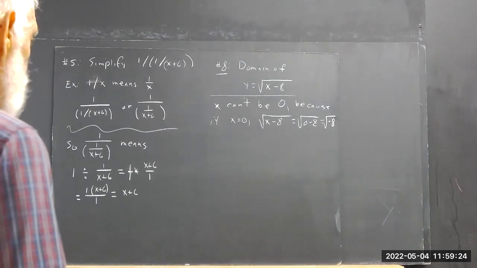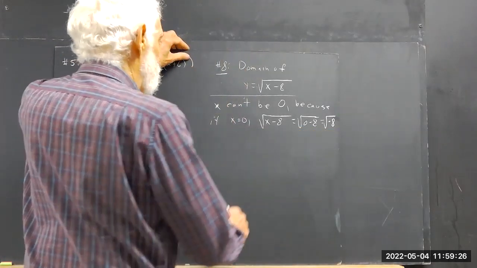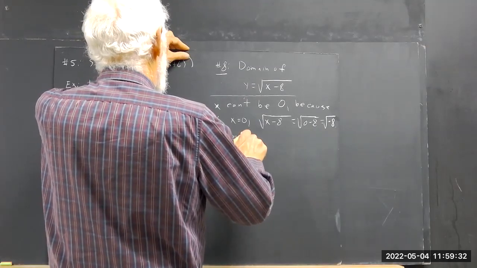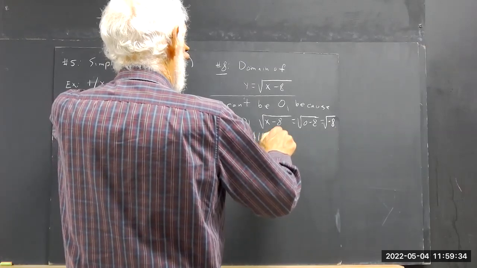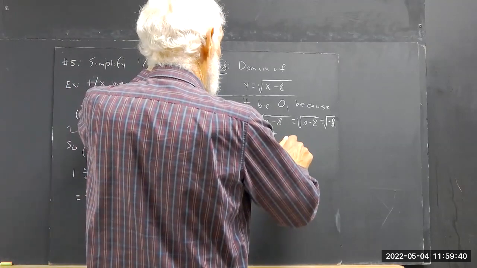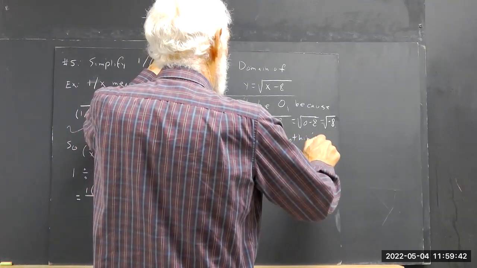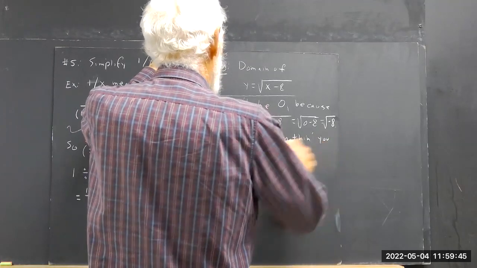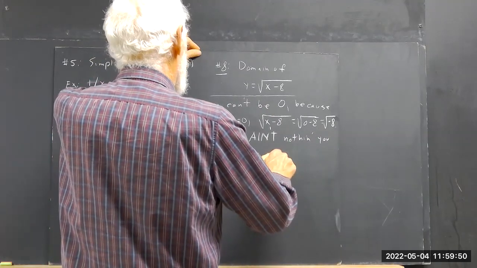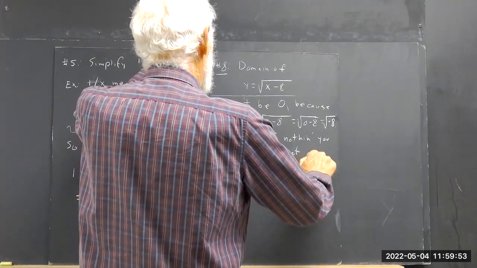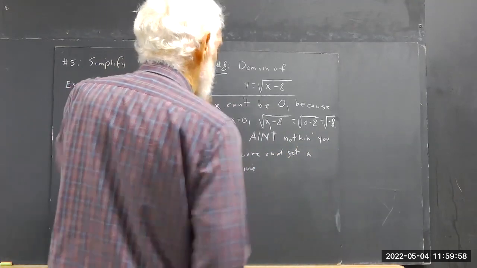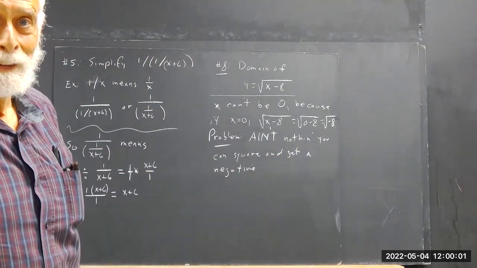Well, the problem with the square root of negative 8 is that there's nothing you can square and get a negative.